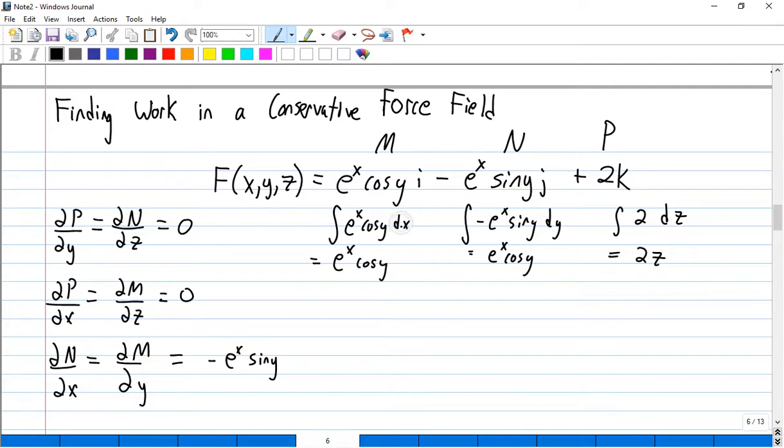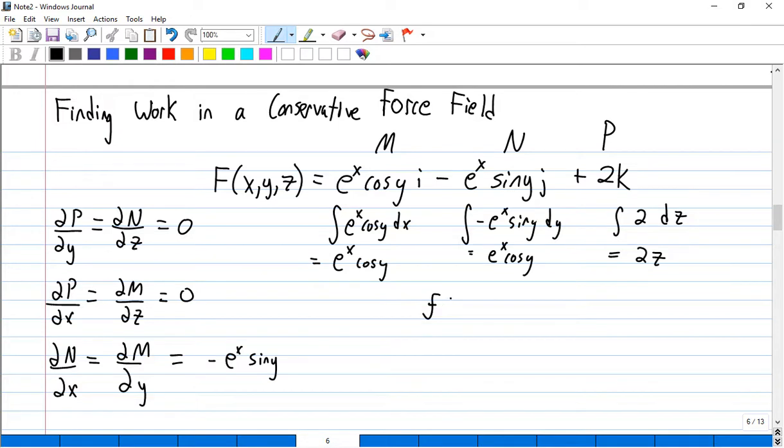Right here you would have plus some function of y and z. Here you'd have some function of x and z. Here you'd have some function of x and y. But it's not really going to matter for what we do. We take all the terms once and then put plus k.